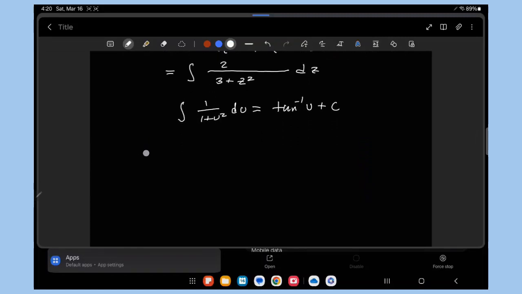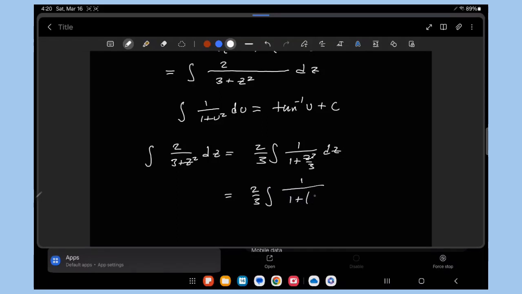So, the integral of 2 over 3 plus z squared dz, we can write as 2/3 the integral of 1 over 1 plus z squared over 3 dz, and that we can write as 2/3 the integral of 1 over 1 plus z over the square root of 3 quantity squared dz.